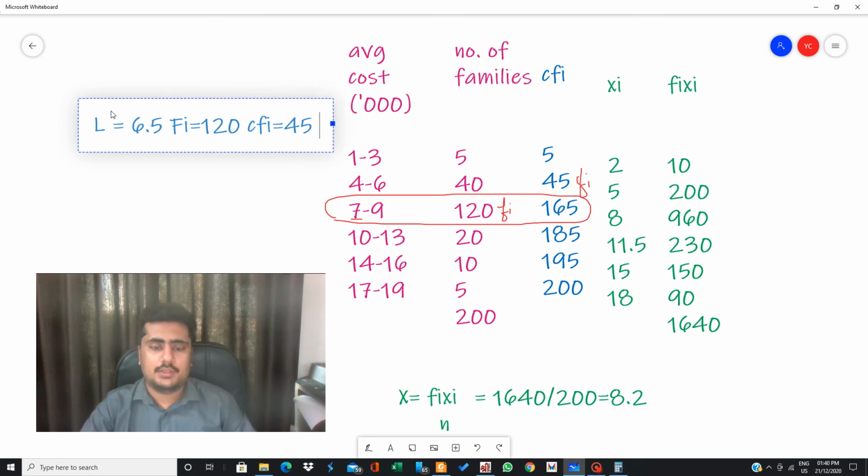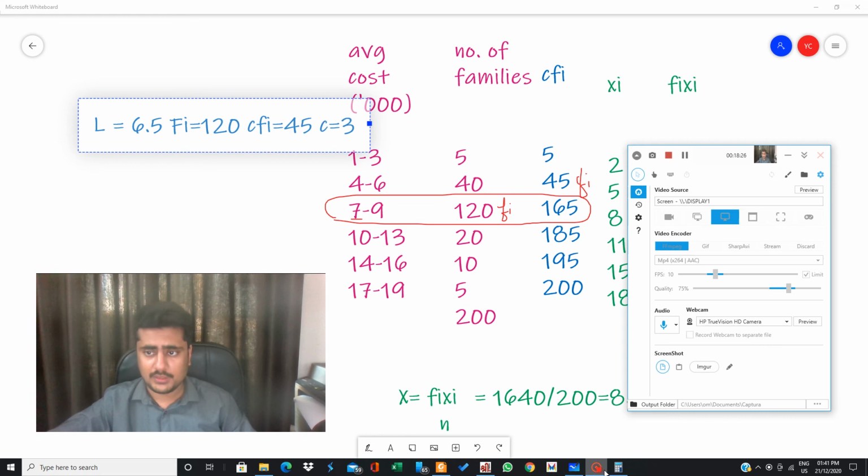Then your class length is 3. In inclusive classes, I told you many times, you can see 7 plus 2, 9. It's actually 3. You have to see the class length as 6.5 to 9.5. You have to match with the exclusive frequencies.